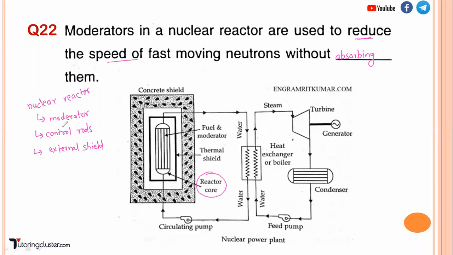Now, when we talk of a control rod, the control rod regulates the energy which is released by absorbing the neutrons.